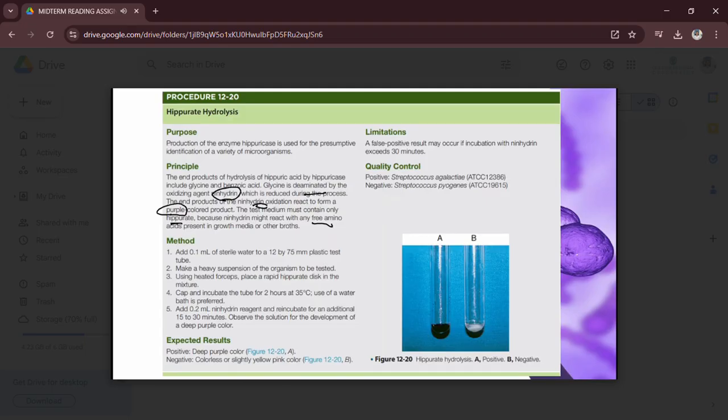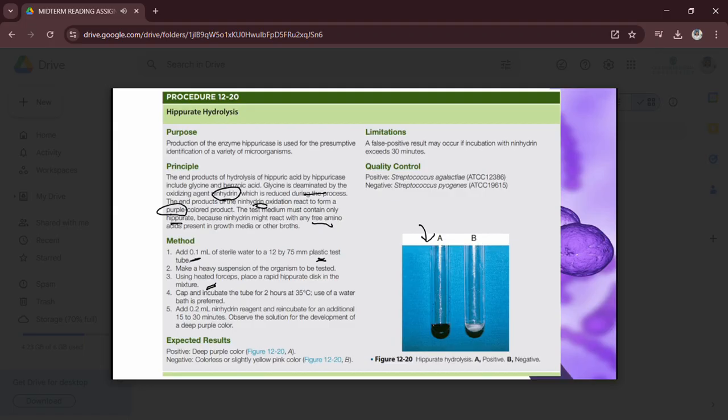How do we do this testing? First, we're going to add 0.1 ml of sterile water to a 12 by 75 millimeter plastic test tube. Afterwards, you make a heavy suspension of your organism to be tested, and using heated forceps, you place a rapid hippurate disc in the mixture.